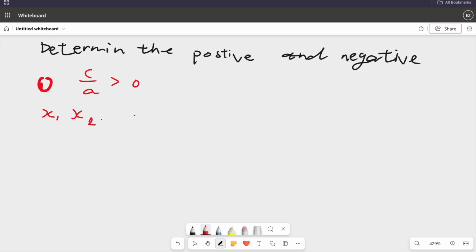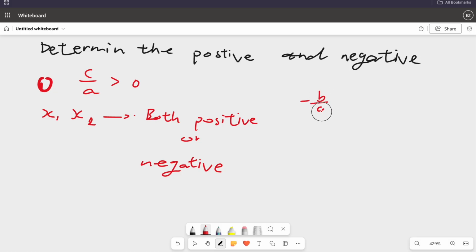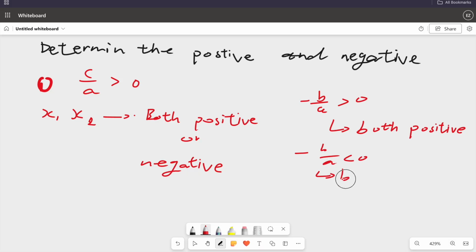So x1 times x2, it's either both positive or both negative in this case. If minus b over a is bigger than 0, it means both positive. And if minus b over a is smaller than 0, it means both negative.